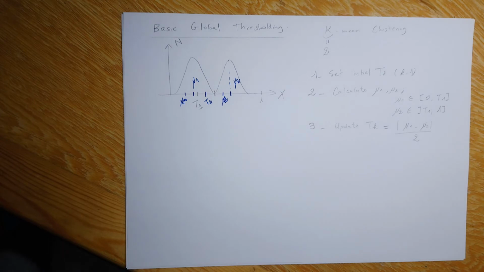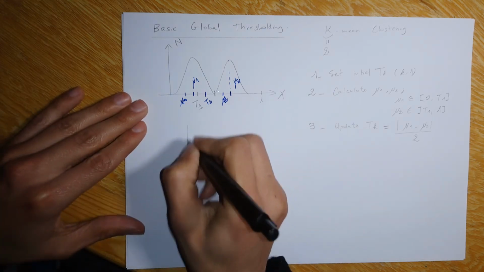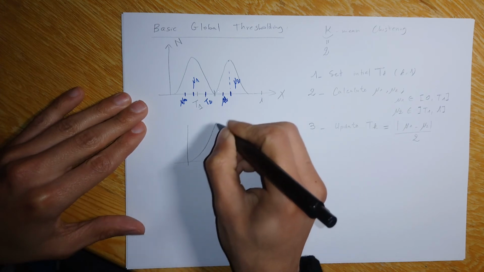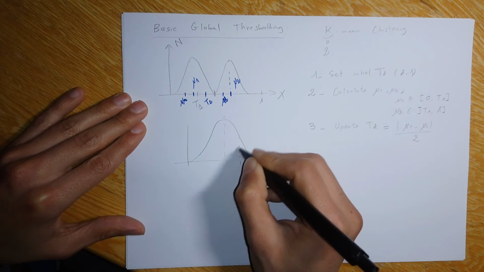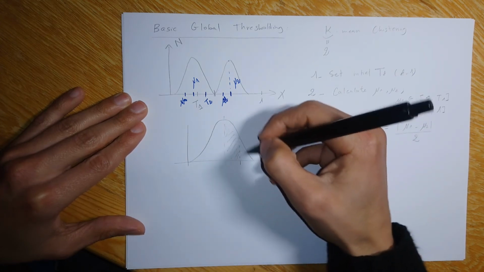Now, why does this algorithm work? This is the main question that is interesting and important to understand. The reason is that the mean has the property to converge to the position where the density is the highest, or where the frequency is the highest. If you know about the Gaussian distribution, this would not be a secret for you. So this is the Gaussian distribution. We have a standard deviation that takes about 35% of the surface.